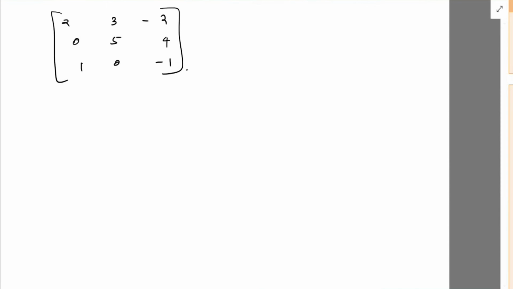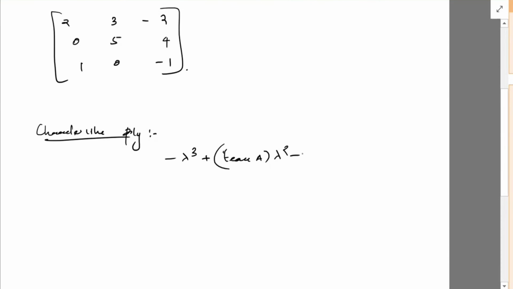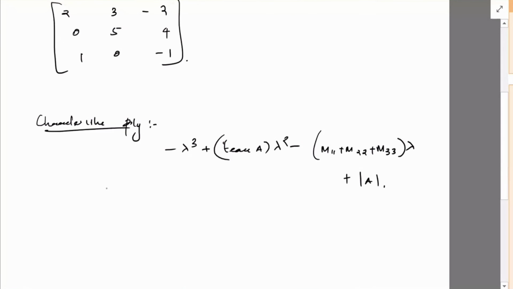By using the shortcut method, the characteristic polynomial will be minus lambda cube plus trace of A into lambda square, minus of (M11 plus M22 plus M33) into lambda, plus determinant of A. What is the trace of this matrix?